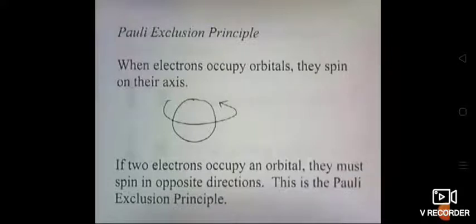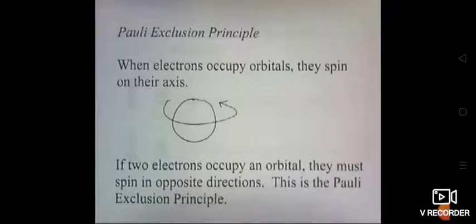However, the spin quantum number ms can have two possible values, plus half or minus half. So Pauli's exclusion principle states that no more than two electrons can occupy an orbital and they must have opposite spin. Electrons in the same orbital are called a paired orbital, two electrons in one orbital.